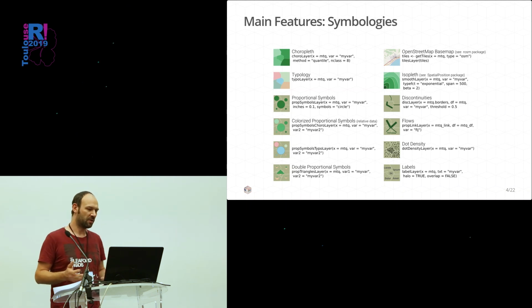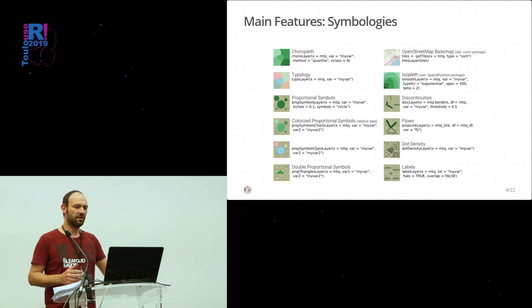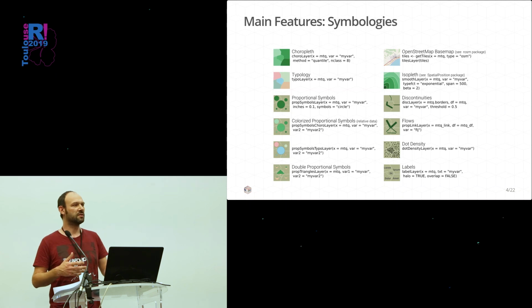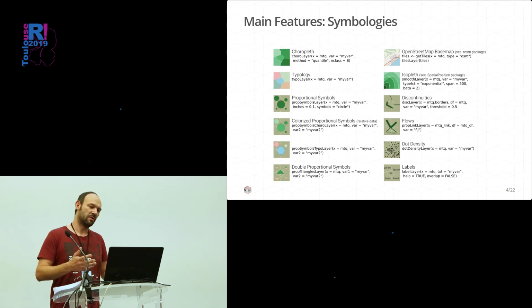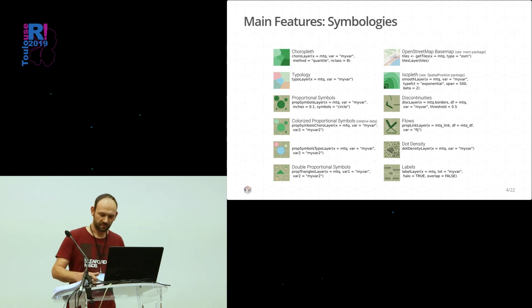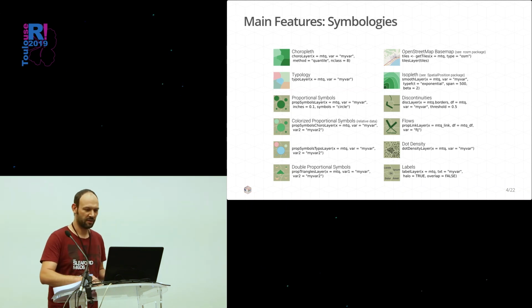The principle is to have as a first argument the spatial object, sf or sp, then the name of a variable, and then a lot of parameters depending on the function. We have some classical representations like choropleth, typology and proportional symbols, but also some more complex or uncommon maps like isopleth, discontinuities or flows. I will show you some examples next.